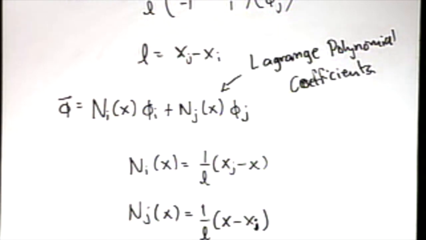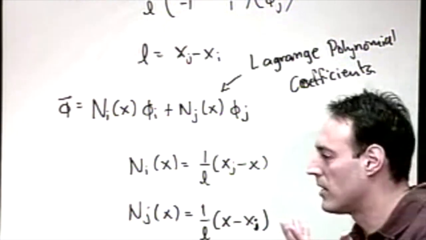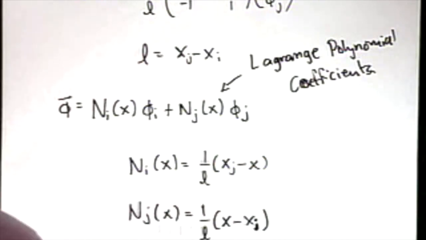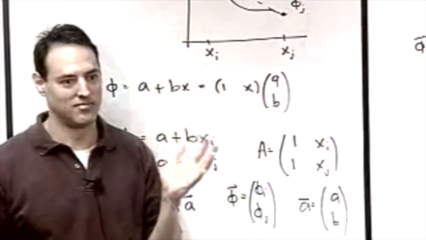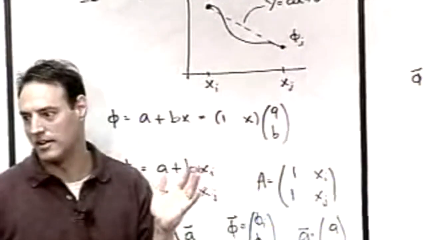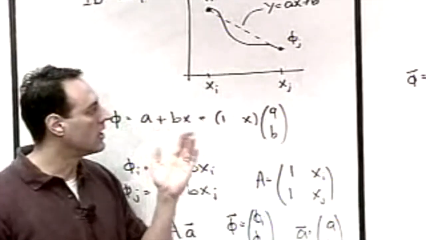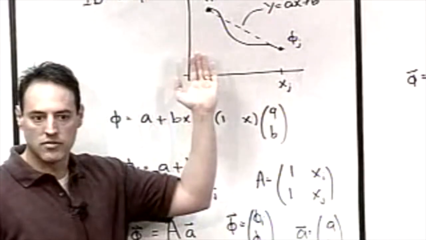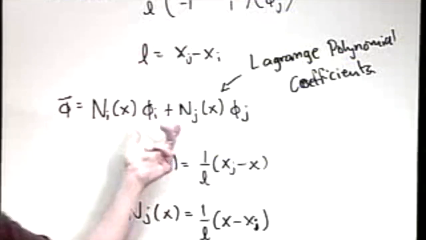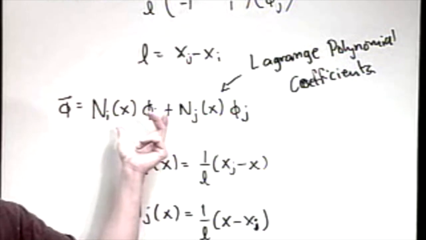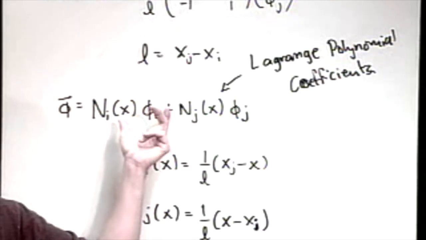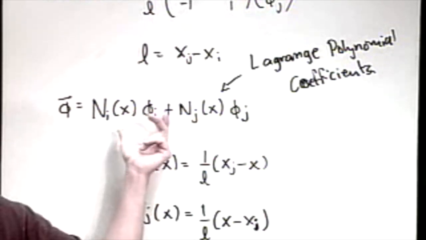So in this 1D simplex method, what have I done? I've told you how to write down the equation for this line. Nothing fancy there. But the idea is that writing down the equation for that line in terms of the Lagrange polynomial coefficients is an important step, because this is exactly what we use when we build up the governing equations.